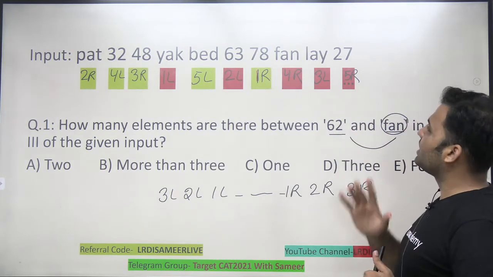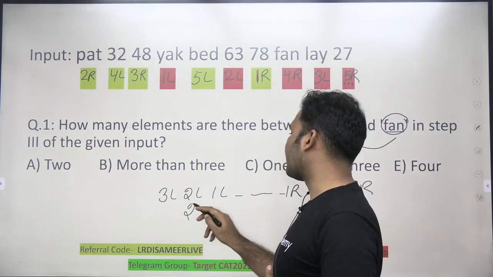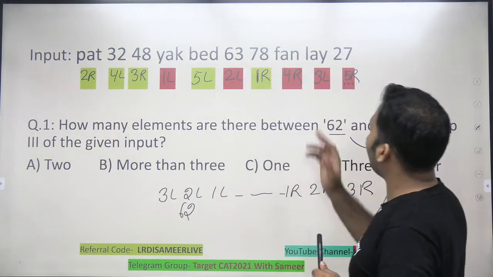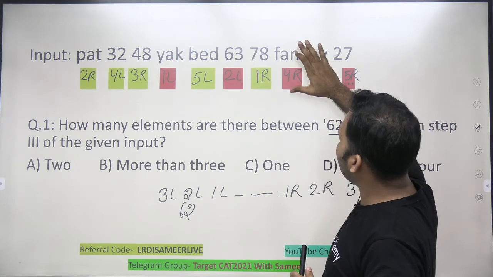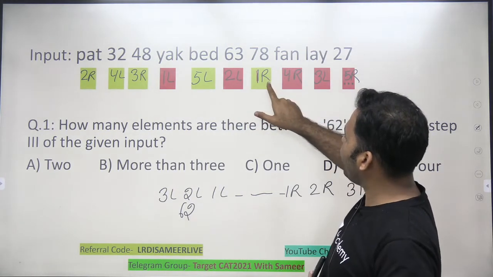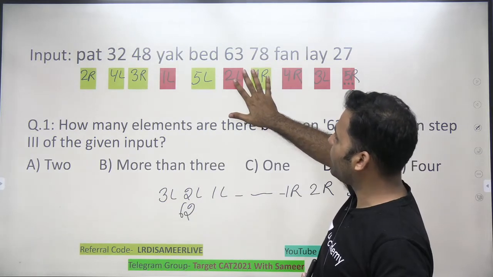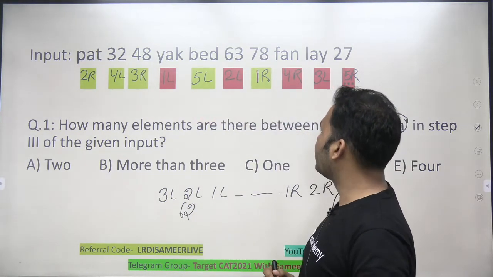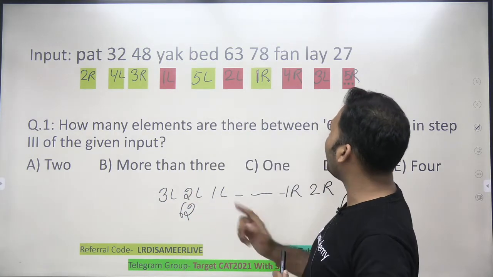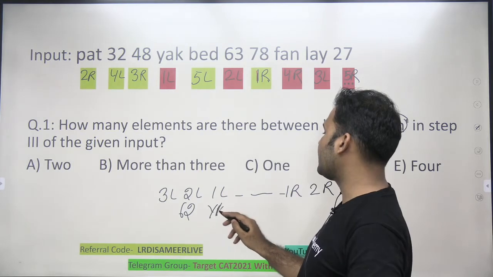Now, the number 62 is positioned at 2L, right? And the word fan has not been arranged. And before the element fan, you see that 1R and 2L have already been moved to their positions, right? So after 2L, I'll have the element 1L, which is starting from YK.